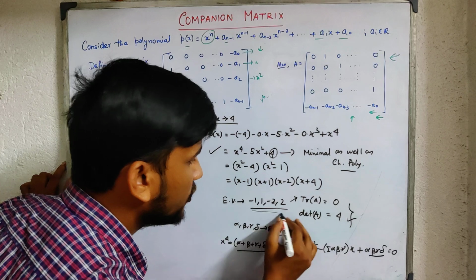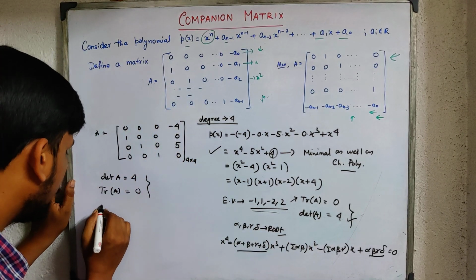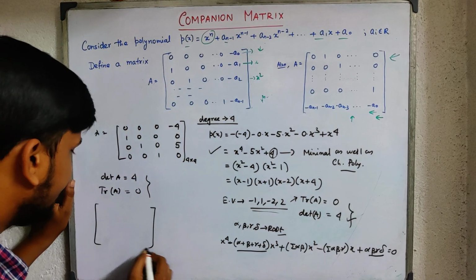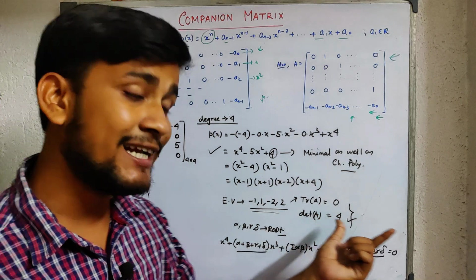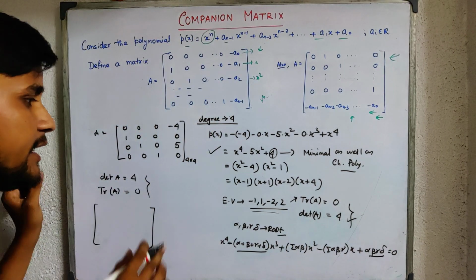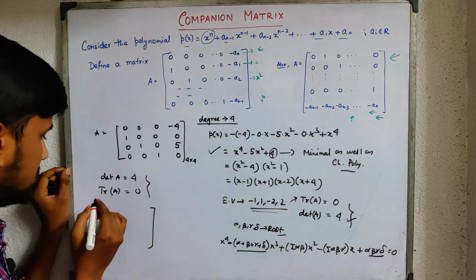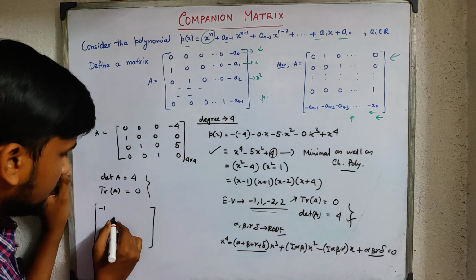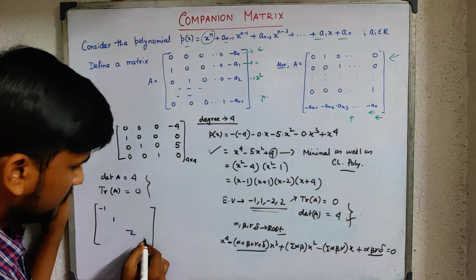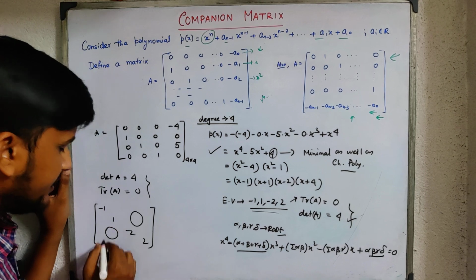Now I can also write the Jordan canonical form of this matrix. These are the 4 different eigenvalues, and we all know that if the minimal polynomial has distinct linear factors, then there are 4 Jordan blocks and each eigenvalue is one block. That is -1, 1, -2, 2, and all the other elements are 0.